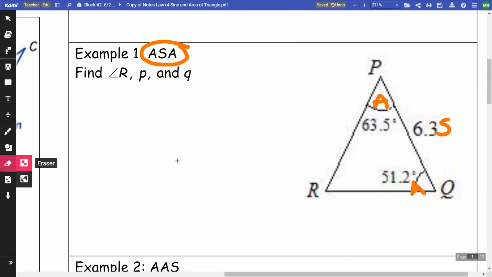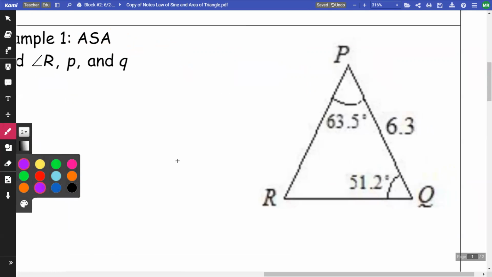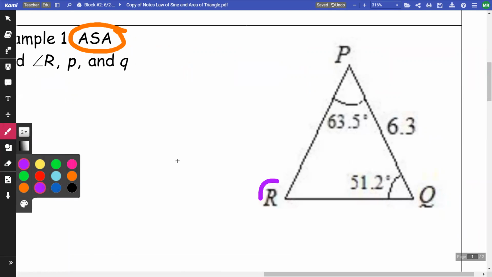Now, the nice thing about angle, side, angle, or angle, angle, side, is that if I know two angles in a triangle, I can always find the third angle. So let me first label things. This angle R, I can find using the other two, and across from it is side r, that's 6.3.